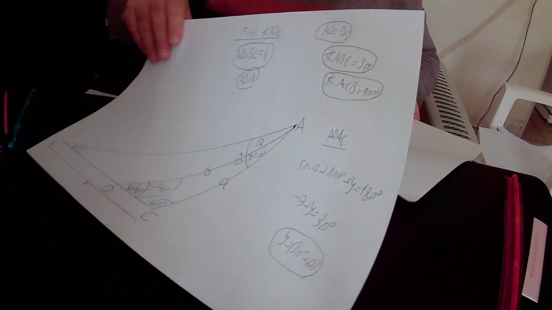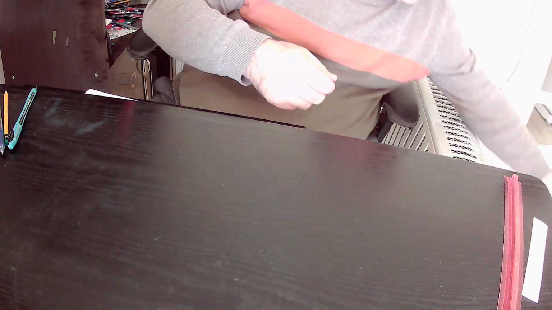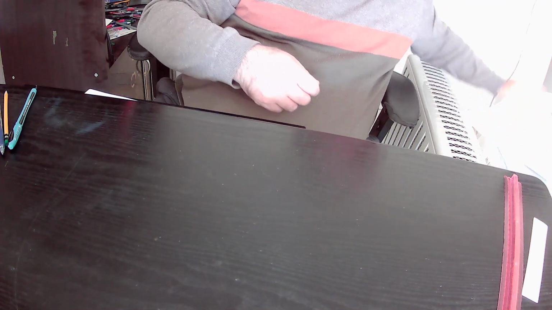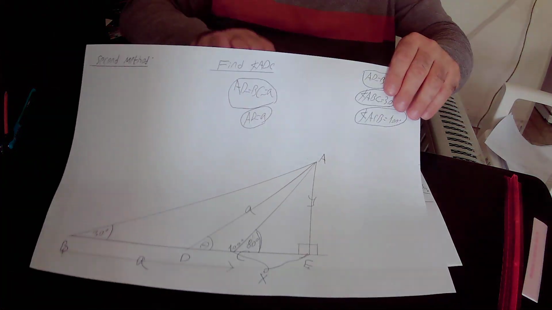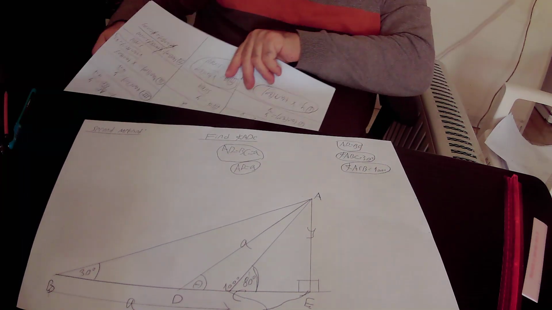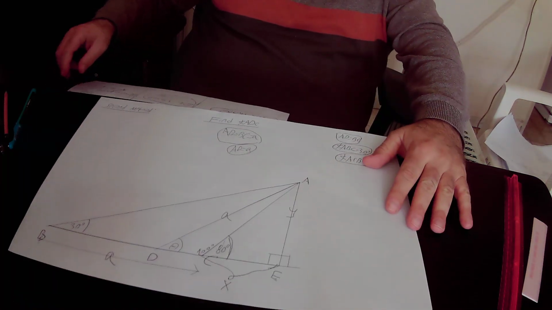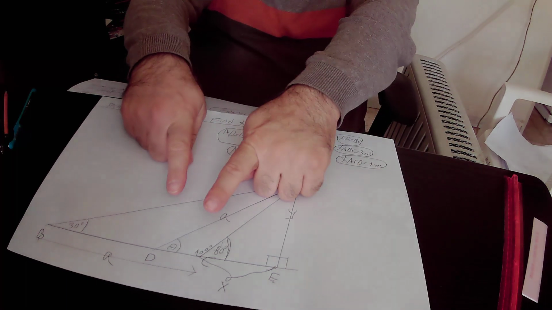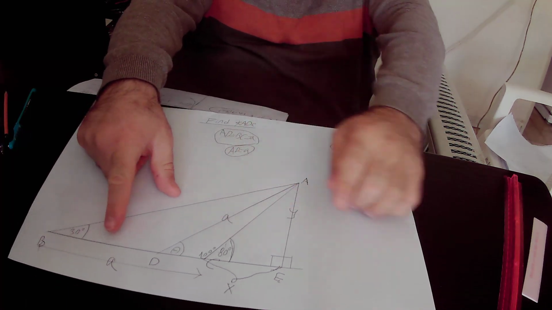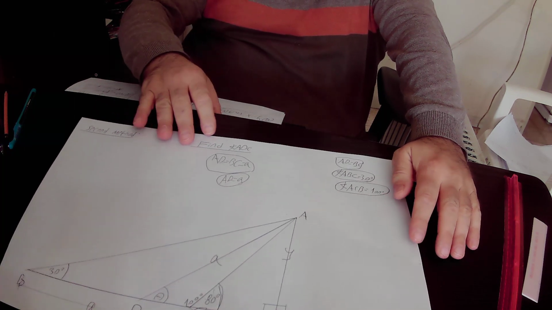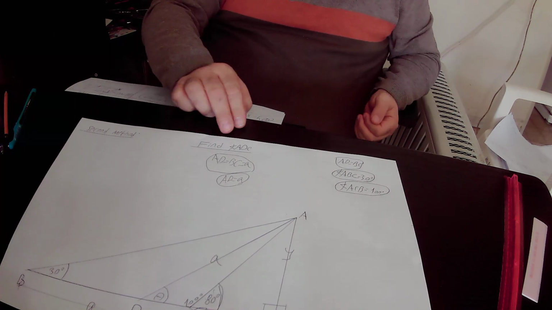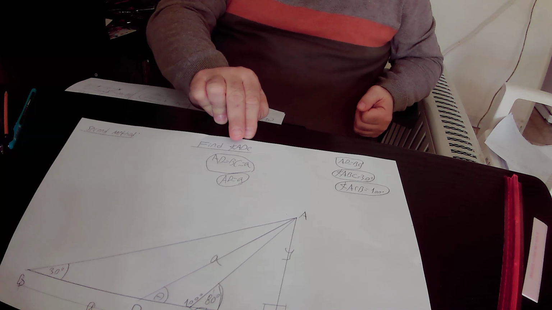Then I presented to you how to find the value of angle theta according to the second method. In the second method, we defined side BC of triangle ABC as A. We know, according to what is given in the question, AD equals BC.